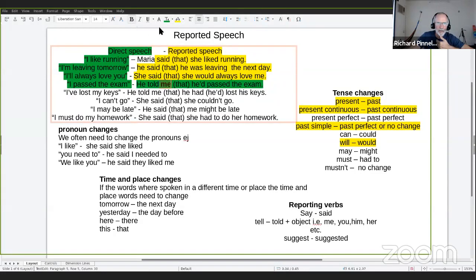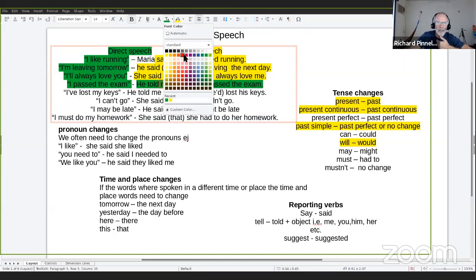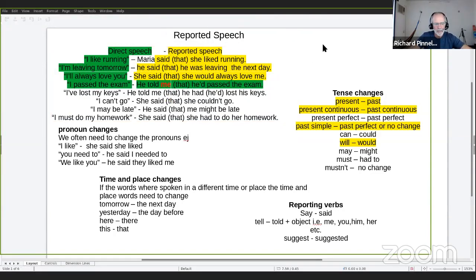We cannot say, a lot of people make this mistake and they say, he said me that I, doesn't matter. But this is wrong. You cannot say he said me.